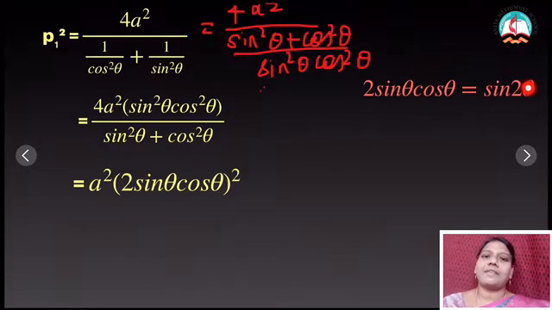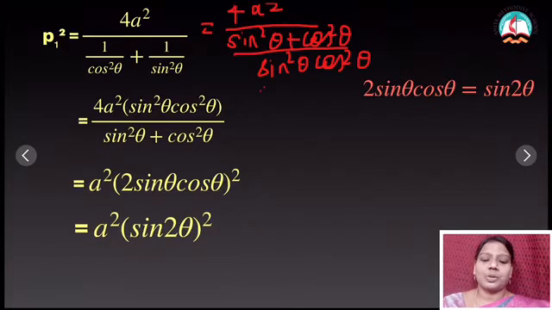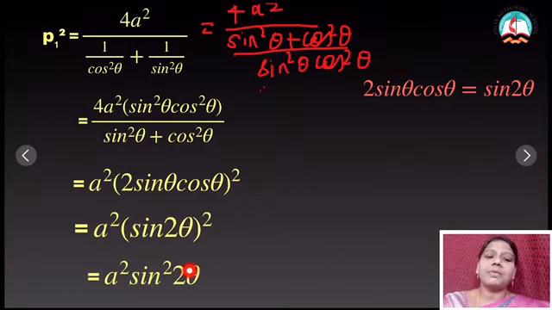This is also one of the identities, you will learn this in the 11th standard. Now I substitute sin 2 theta here, and I get a square sin 2 theta the whole square. Bringing the square inside, it is a square sin square 2 theta. So this is the value of P1 square. What is the next one?